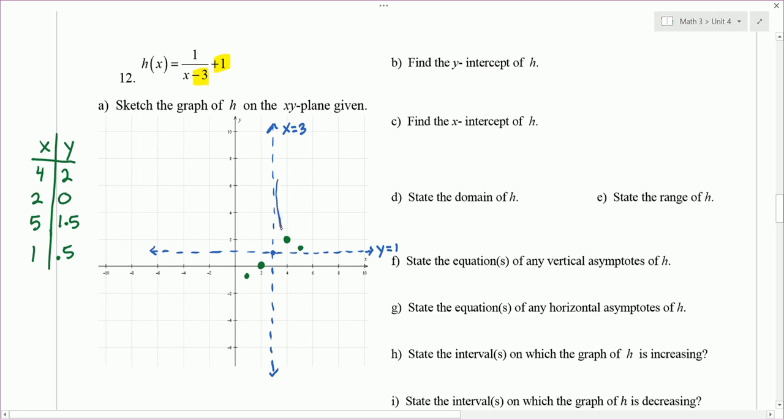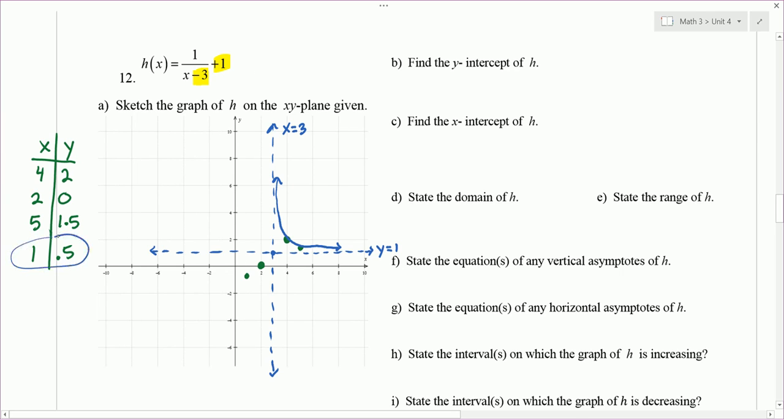And then we can make a little more sense of our graph. This is where the top right part is. And the second one, something looks off here. Let's see what's going on. We plugged in a 2. When we plugged in 2, we got... Oh, I see what I did wrong.